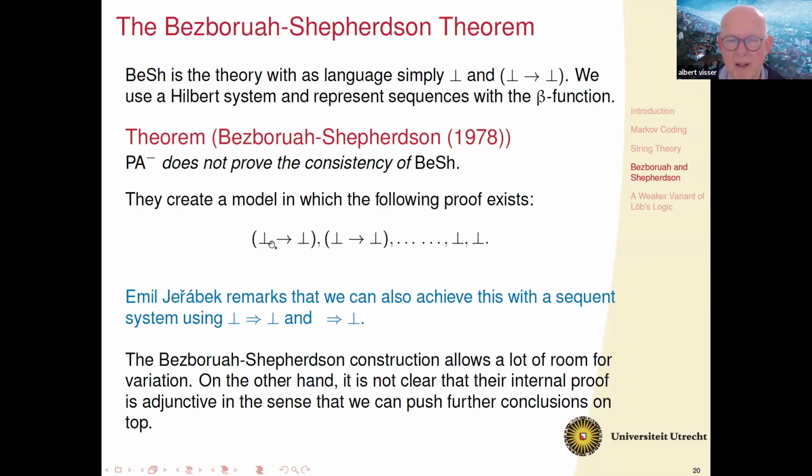You have an omega type of falsity, falsity, falsity, falsity, and a downgoing omega type of falsity, falsity. And so why is this a proof? Because for every falsity there's an earlier antecedent and an earlier axiom from which you may conclude it, right? So it's a real proof.